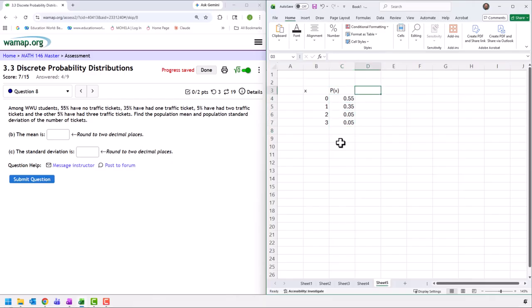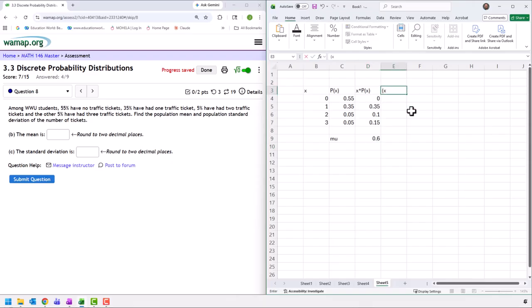So now, finding the mean, it'll be X times P of X. And the mean, mu, will be the sum of these. And 6/10.